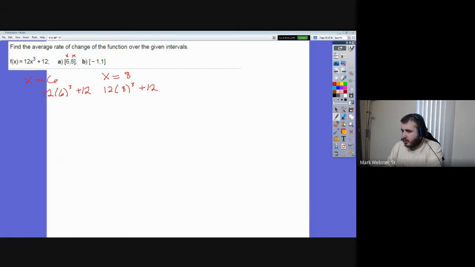So I've got my calculator in the background, so I'm not doing this in my head. 12 times 6 cubed plus 12. So here the y value is 2604, yeah.